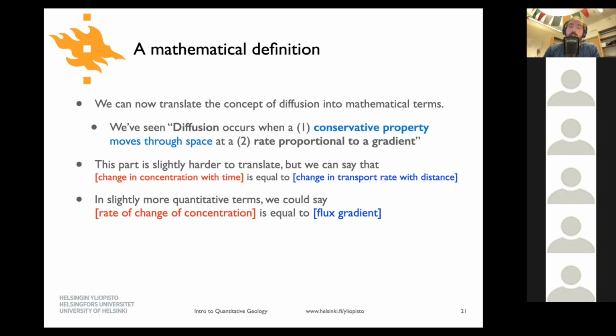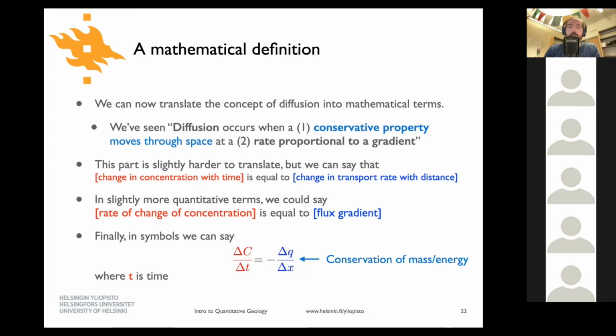And our rate of change of the concentration would be indicating that the concentration is changing with time. So that would be something like delta C over delta T, which we can indeed fill in here to say that our change in concentration, delta C, with time over, so here it is, over delta T equals minus dQ or delta Q over delta X. That's just converting what was said in the terms used in our definition to the mathematical equivalent.